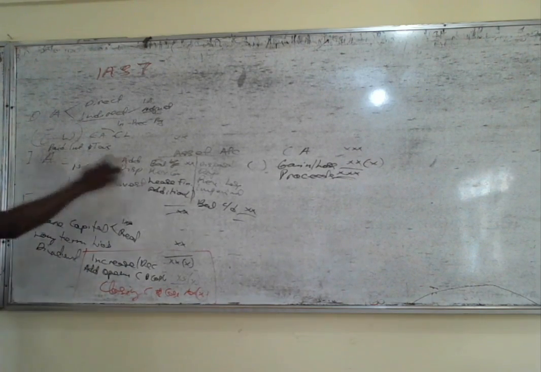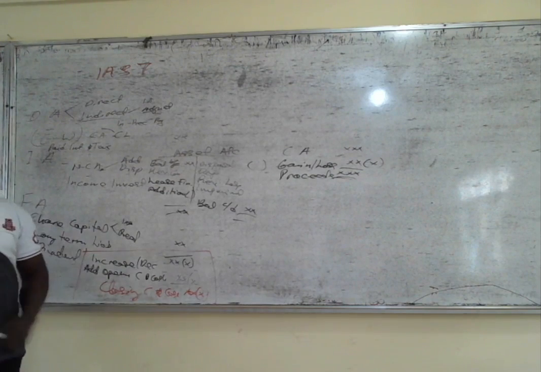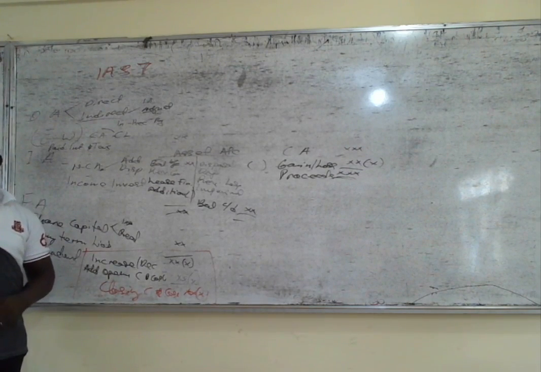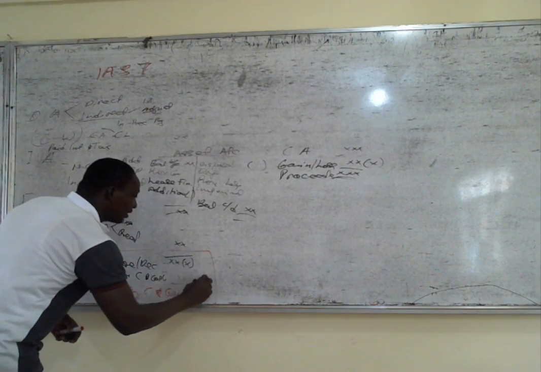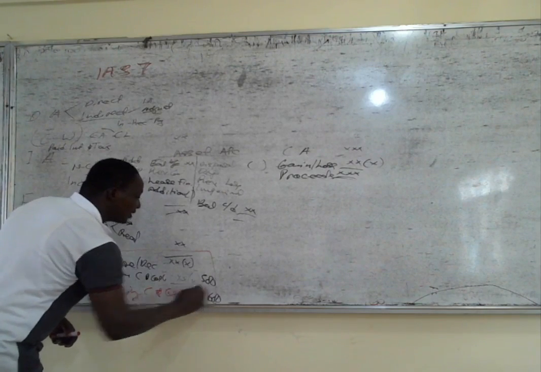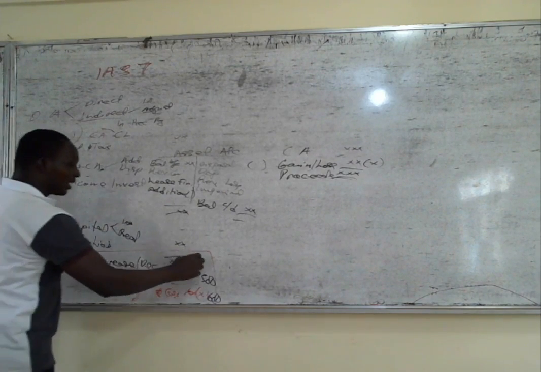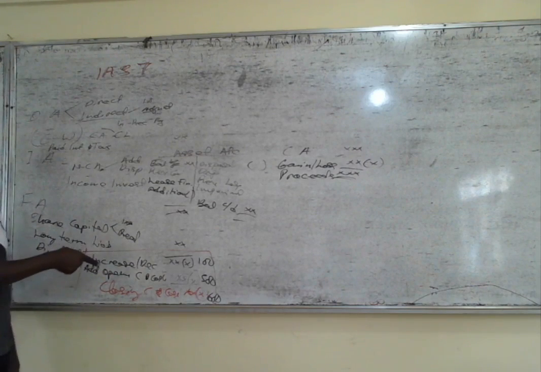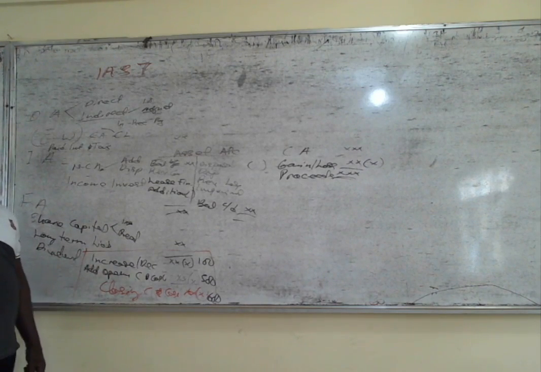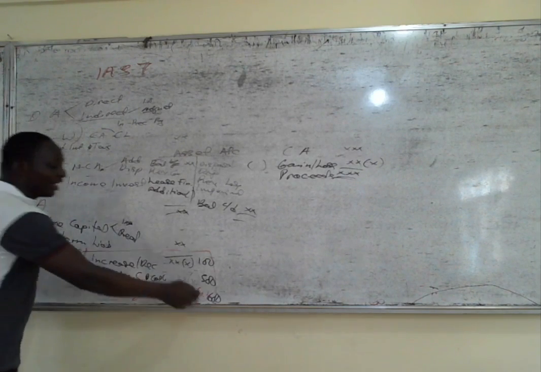So even if I add and it's not telling you, I will still have the figure right. I have to pass the exams. So let's say that the opening is 500 and the closing is 600, it means that 100 has been added. Even though I have not reached it yet, I'll put it there and say increase in cash and cash equivalent 100. I'll add it and get 600.